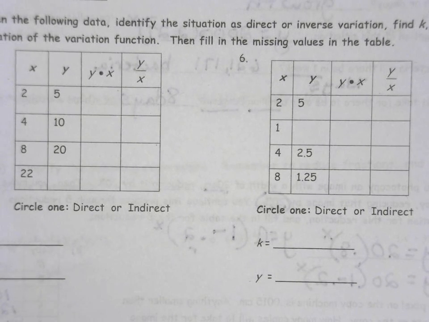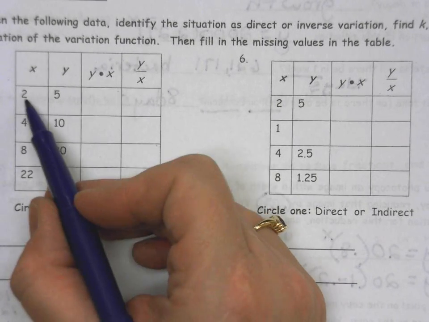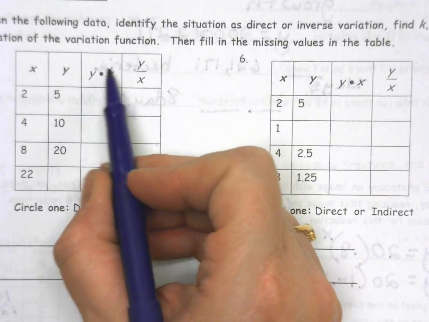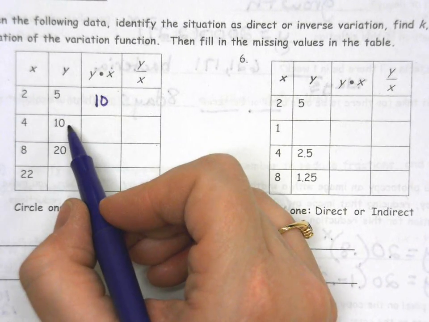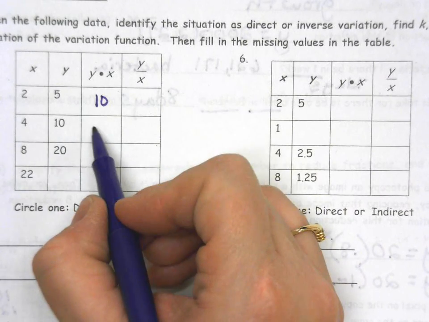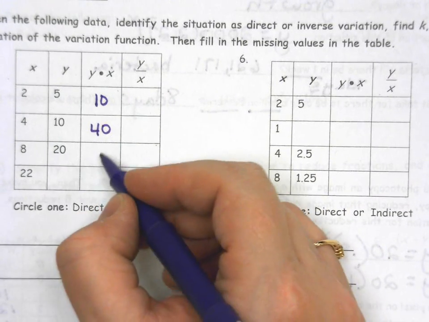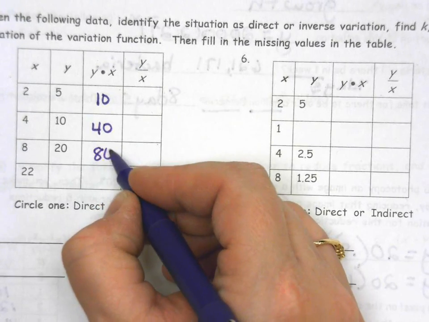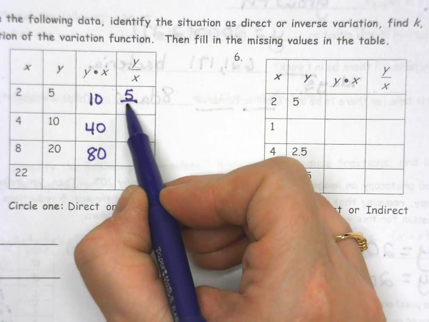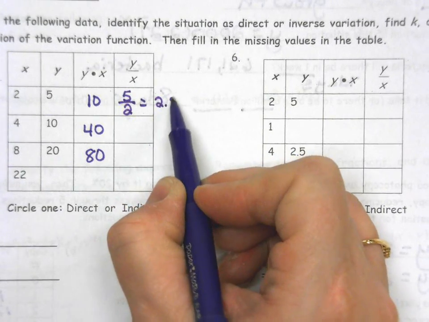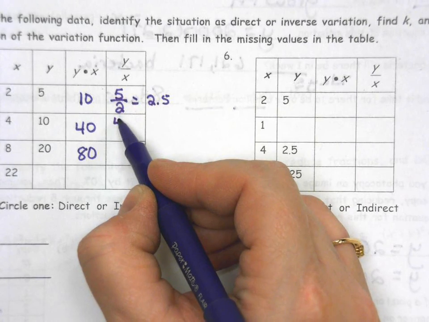Okay, the next part here. Given the following data, identify the situation as direct or inverse. Find k and write the equation of the variation function. Then fill in the missing values in the table. So the first part here, we're going to take y times x, so 5 times 2, which is 10, 4 times 10, which is 40, 8 times 20, which is 80, and then if I take y and divide it by x, I get 5 divided by 2, which is 2.5.